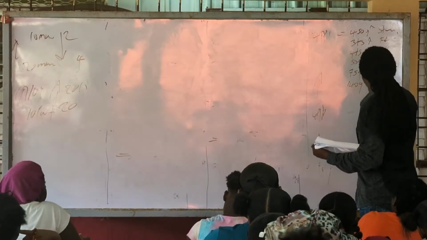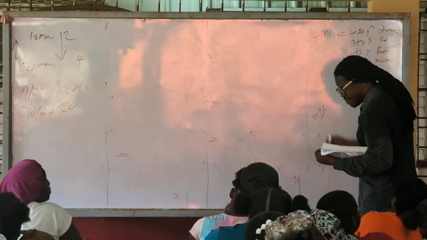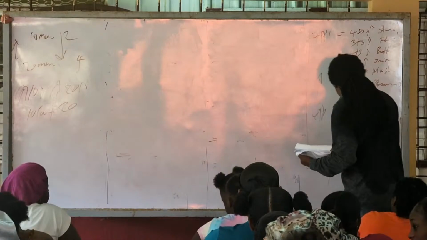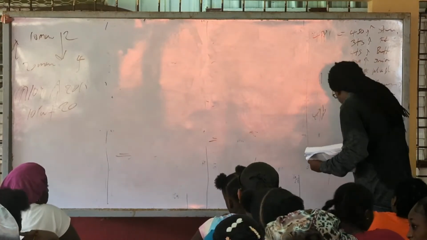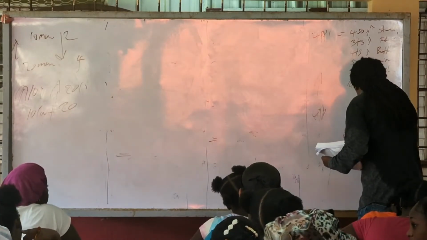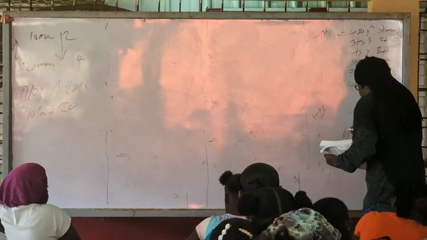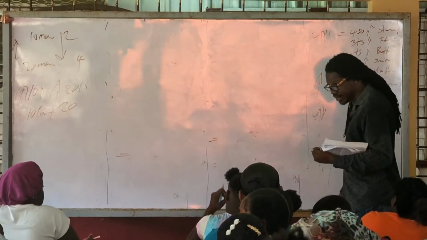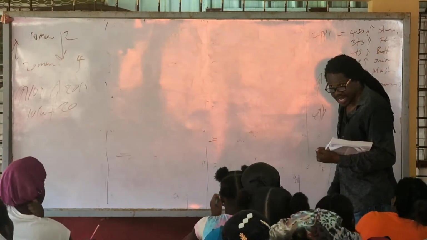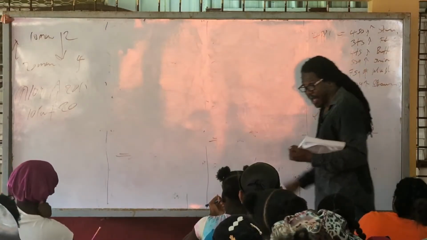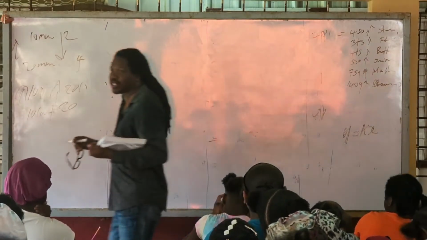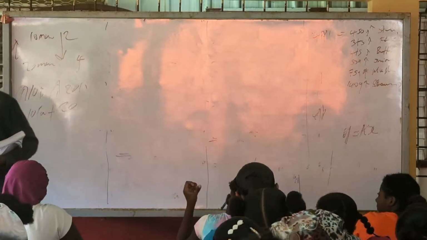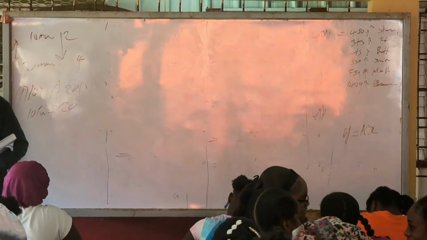That means all the directions are going the same way. Therefore my formula is y equals kx. Everybody see that? The formula always tells us y equals something, because y is dependent on x.